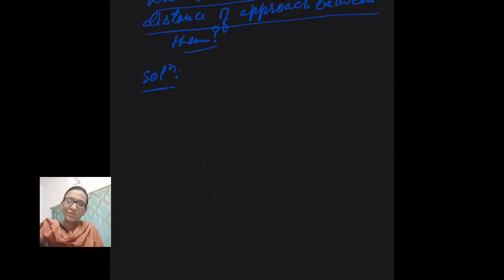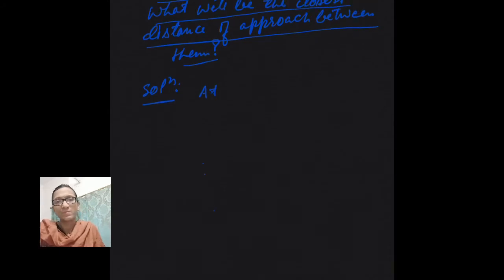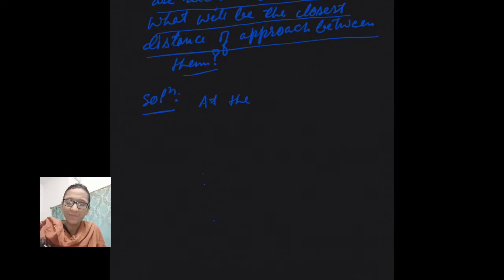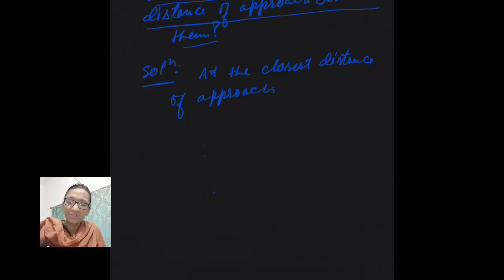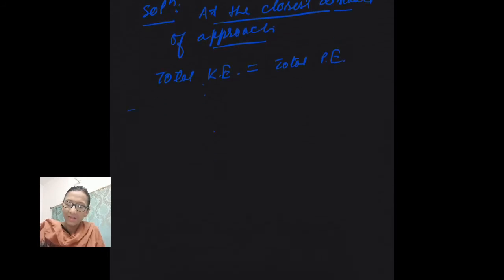So at the distance of closest approach, from which they cannot move any closer to each other as their kinetic energy is totally consumed, the total kinetic energy must be equal to total potential energy.